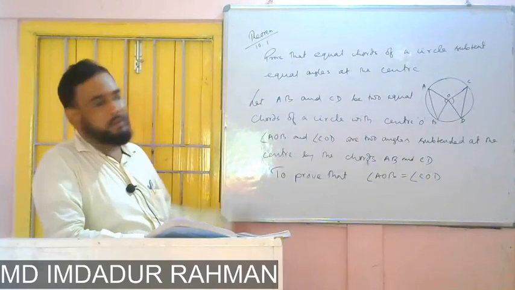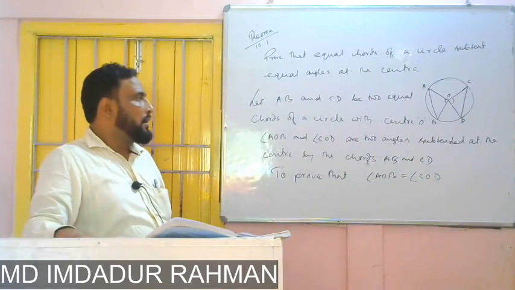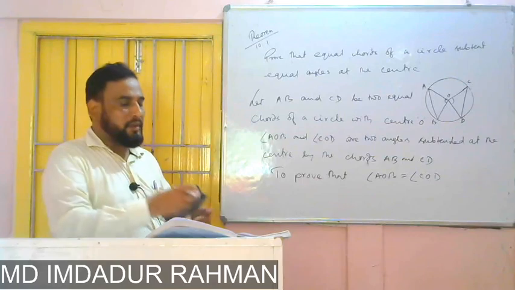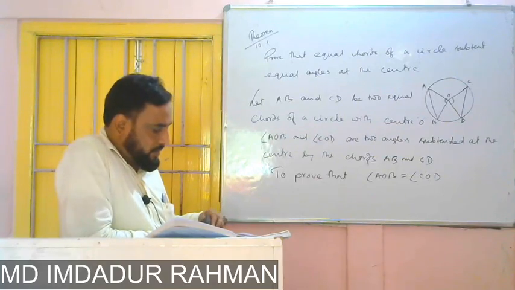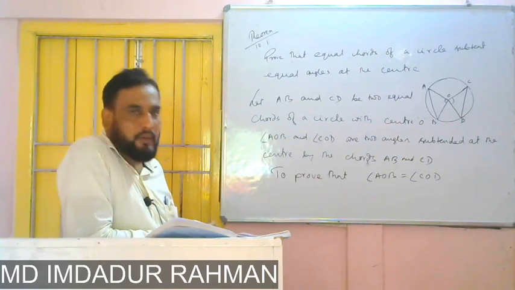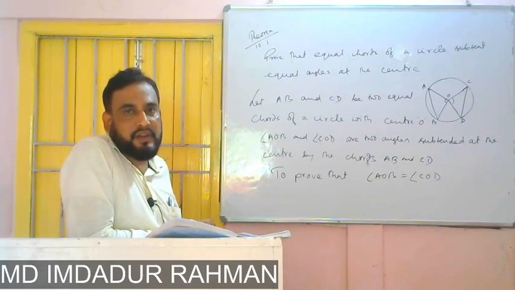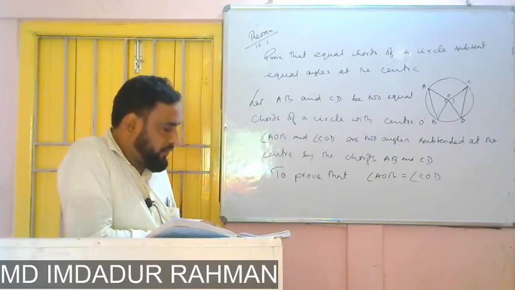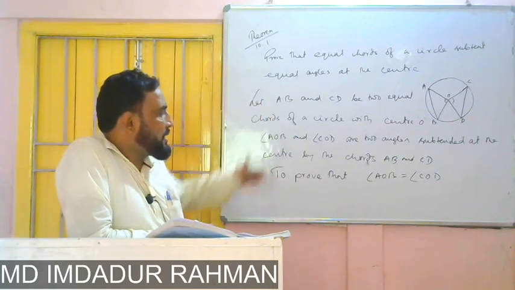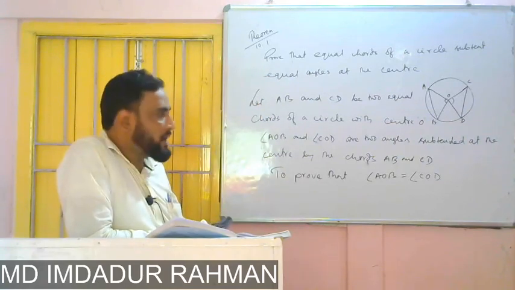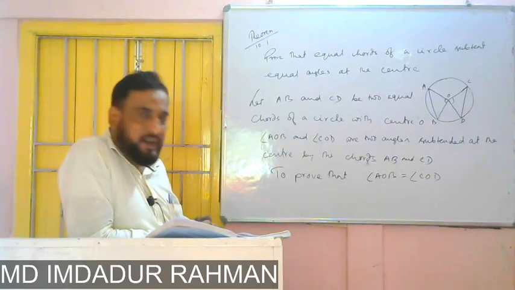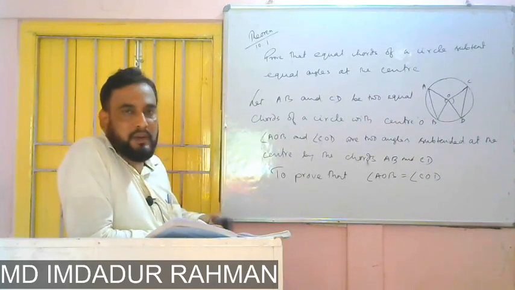This is a theorem we are proving. So to prove a theorem, we need four parts: what is given, what is to prove, construction if necessary, then proof. What is given we have written already, what is to prove also we have written, construction if required. So in this particular theorem, no need of any extra construction.